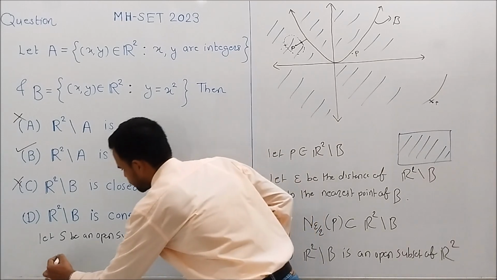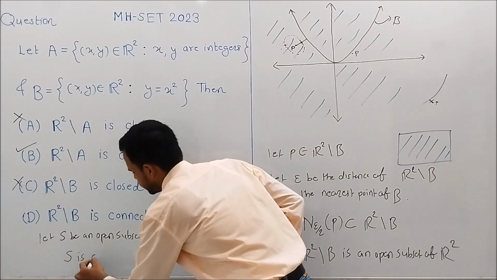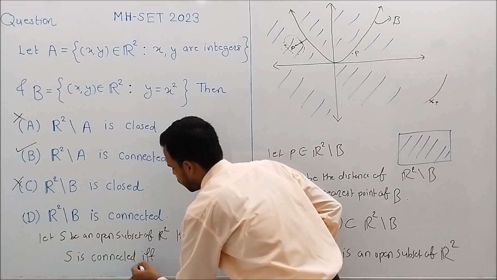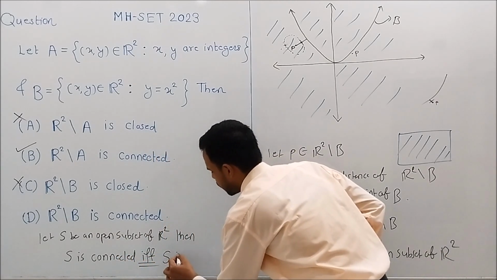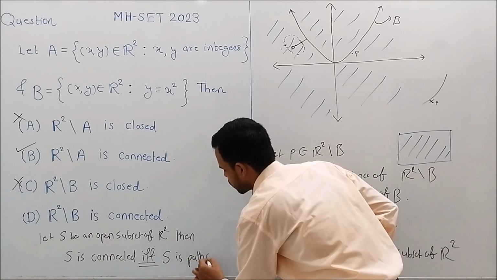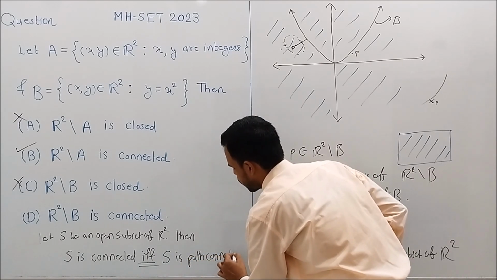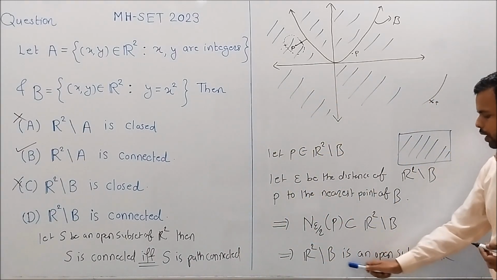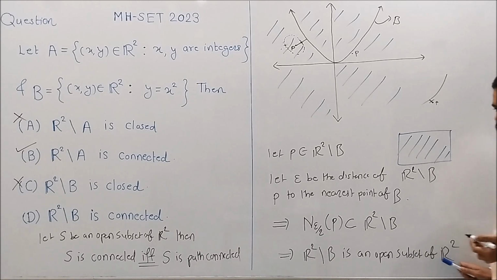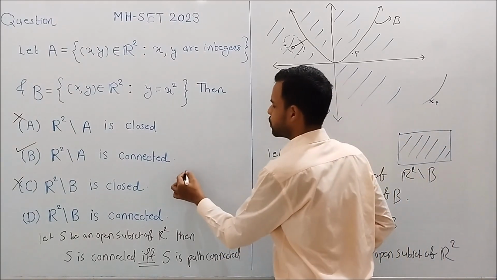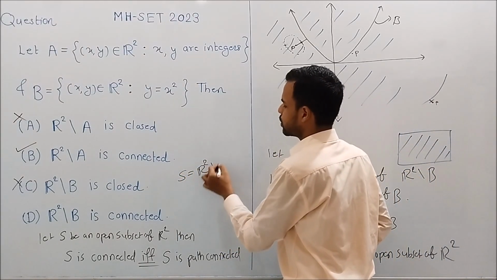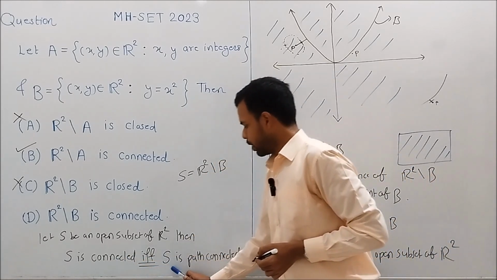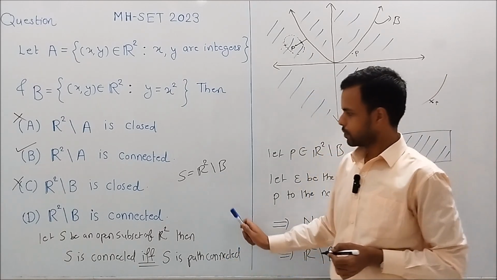Then S is connected if and only if S is path connected. Clearly, we have shown that R2 minus B is an open subset of R2, so we can use this result, taking S equal to R2 minus B.